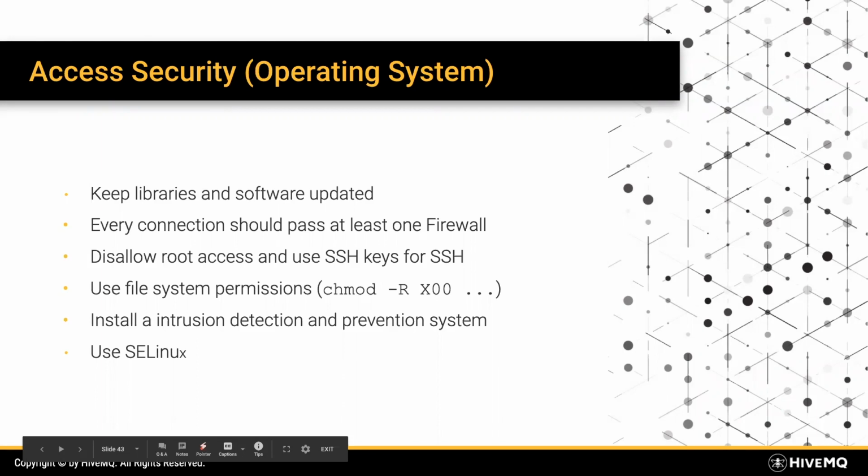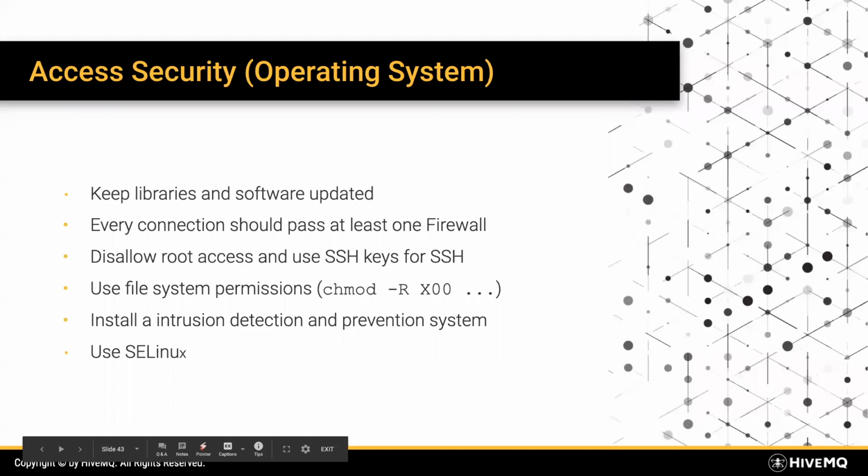We can use basic prudence, like keeping our libraries and software updated. Usually, if there's a weakness or a vulnerability in a software piece, the vendor will issue a statement to that, and provide you with an update, and you can deploy that. This is, of course, important that this is done in a timely manner.